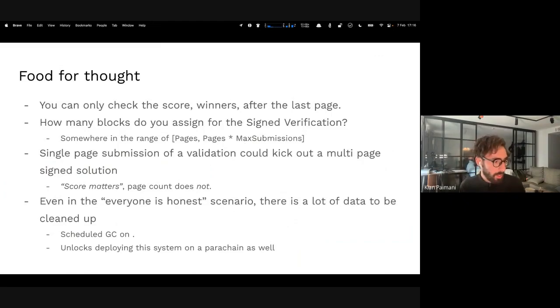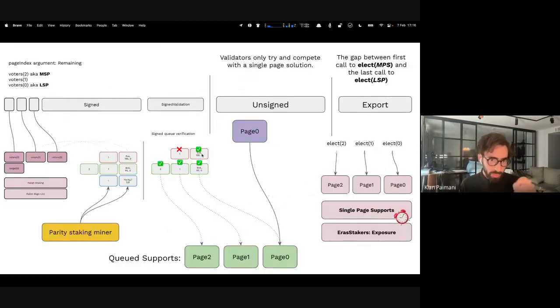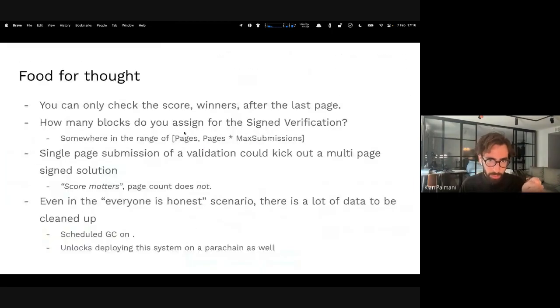So if you have 5 people who can submit, and each submission can have 3 pages, you might want to allocate up to 15 blocks to verify this. Because if all of them are invalid, you need 15 blocks to actually know that. But in the best case, if the first one is valid, you only need pages, so 3 in this case.